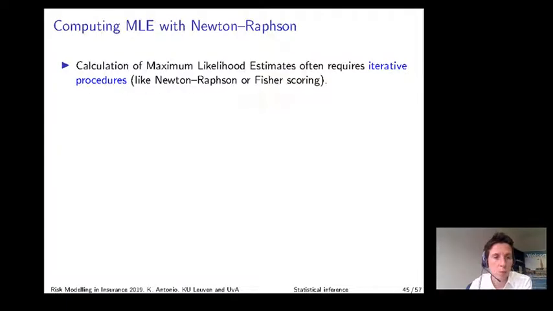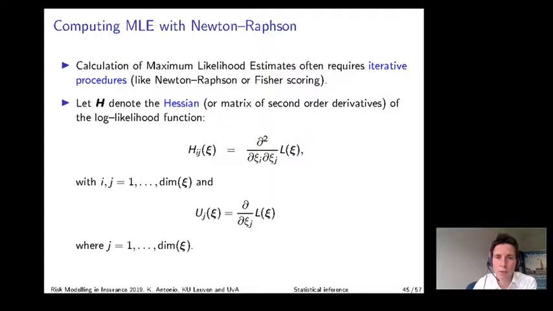Now, as discussed in the example with the negative binomial distribution, calculation of the maximum likelihood estimates often requires iterative procedures like Newton-Raphson or Fisher scoring. In these numerical recipes, you will use the Hessian, that's the matrix with the second order derivatives of your likelihood.